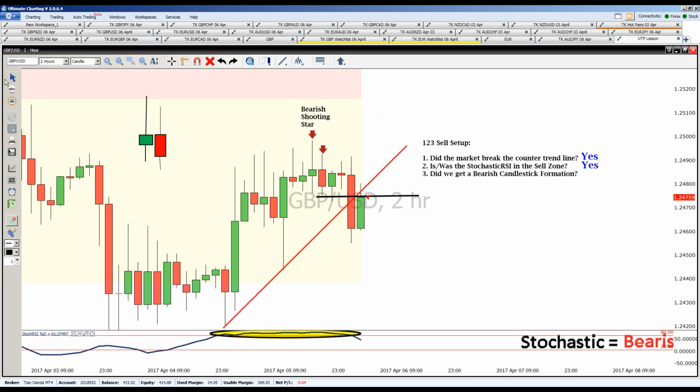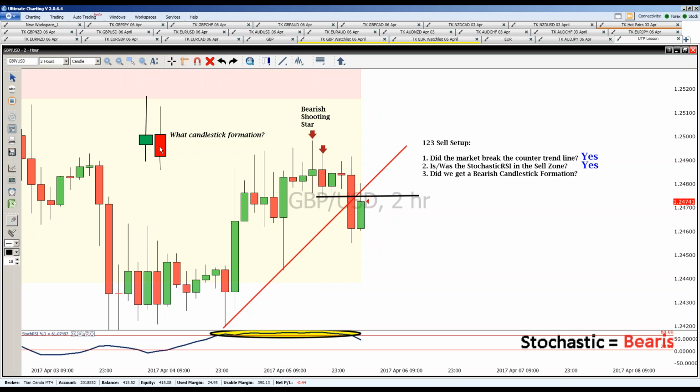What candlestick formation is this? You can tell me. Larry nailed it.